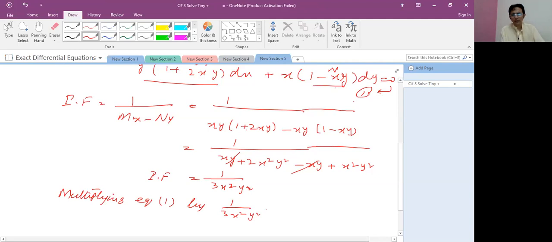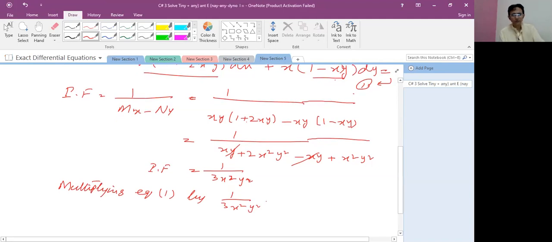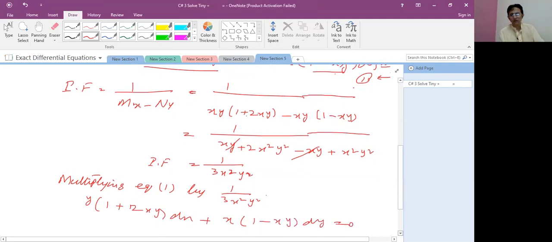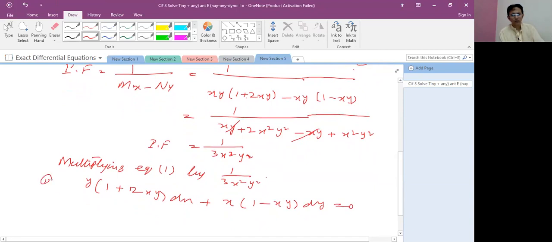So it means first we write the equation y into 1 plus 2xy into dx plus x into 1 minus xy into dy, which is equals to 0. This is called equation number 1.